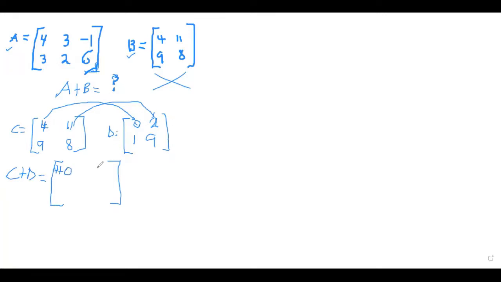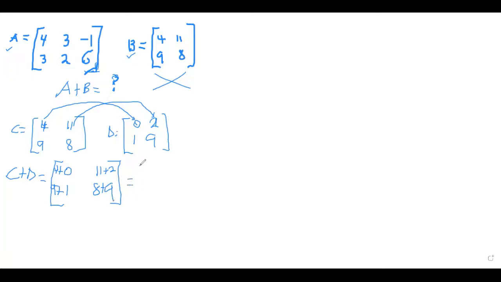So 4 plus 0, 11 plus 2. When you come to the second row, 9 plus 1 here, and 8 plus 9.